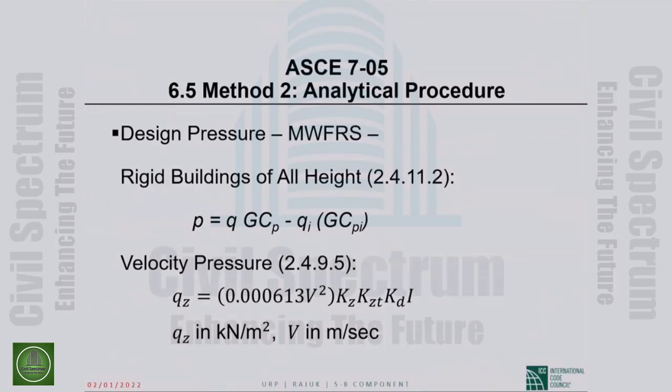Okay, method 2 is the so-called analytical procedure, which is the original procedure from 1972 onwards for rigid buildings of all heights.